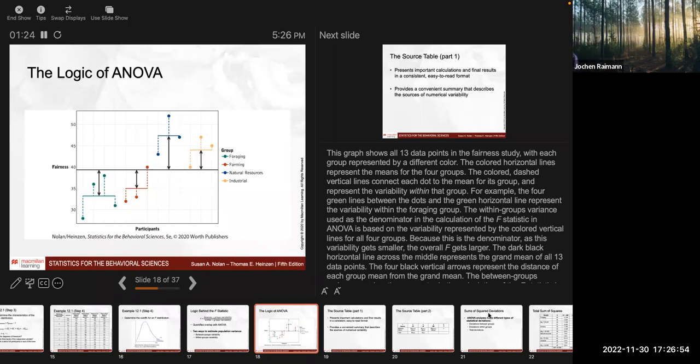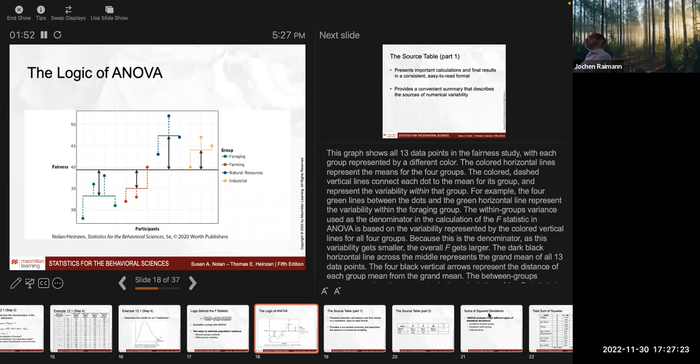So now, not only do you have variance within the groups, you also have variances between the means, between the groups. If you have four means, these four means create variance because they deviate from the grand mean. The distance from here to here, from here to here, creates a variability between those groups.